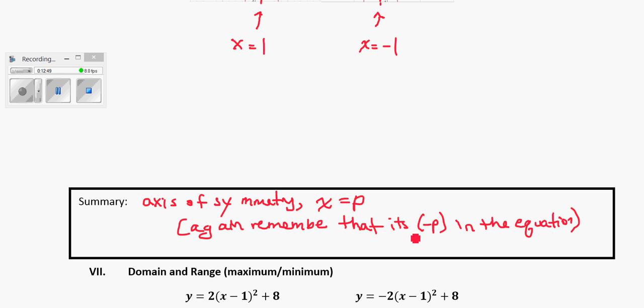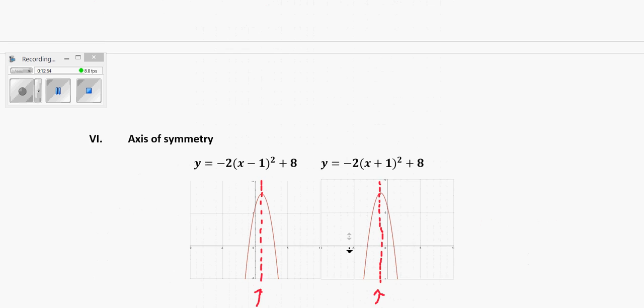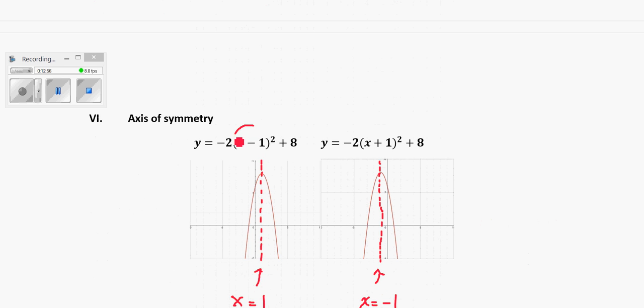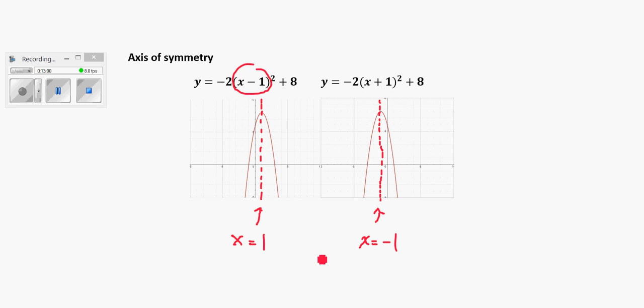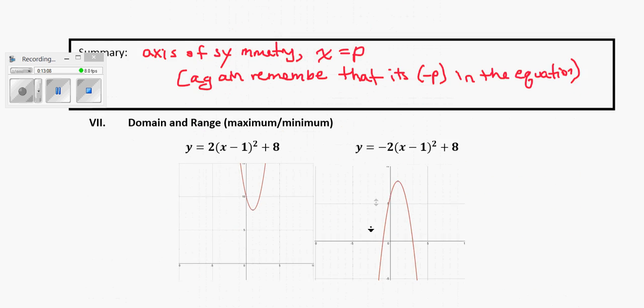So again, we have to remember to take the opposite sign. For this first one, it's x minus 1 in the brackets, so the axis of symmetry is x equals positive 1. The second case, x plus 1 in the bracket, so it's x equals negative 1 for the axis of symmetry.